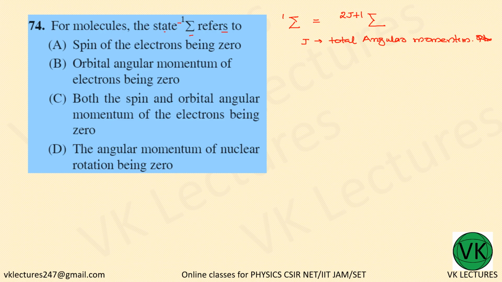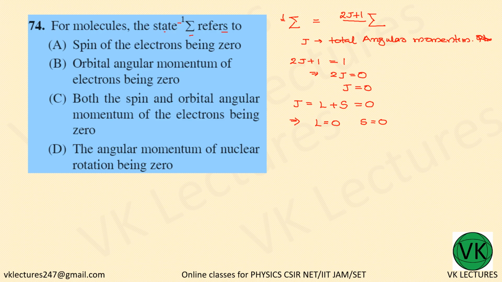Now, 2j plus 1 is equal to 1, that means 1 is equal to 2j plus 1. So 2j plus 1 equal to 1 implies 2j is equal to 0 and j equal to 0. And what is j? J is nothing but L plus S. Now L plus S is equal to 0. This implies L equal to 0 and S equal to 0.